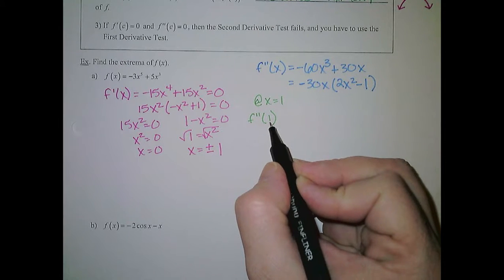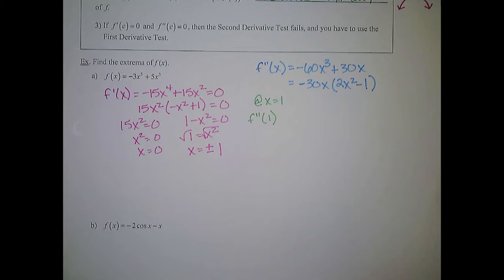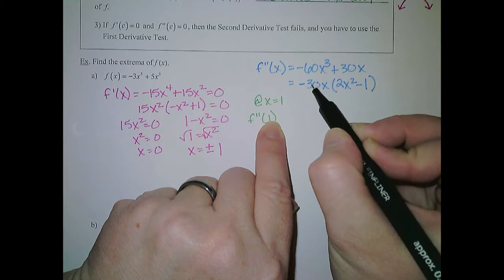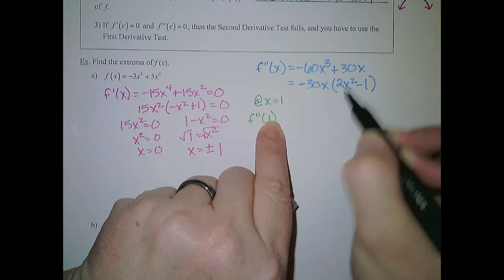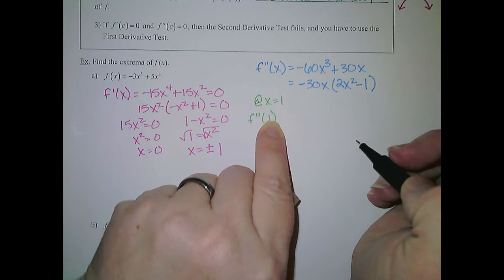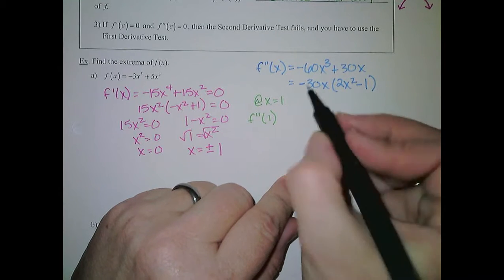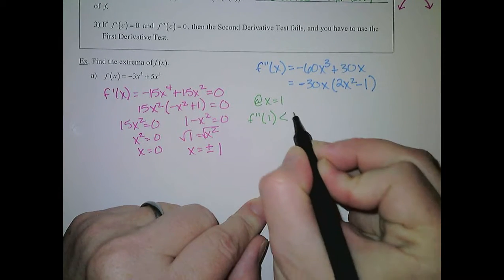I just need to know if it's greater than 0 or less than 0, if it's going to be a positive or a negative number. So if I put in 1 here, I'm going to have a negative number times a positive number. So at 1, the derivative is going to be negative times positive. It'll be negative or less than 0.